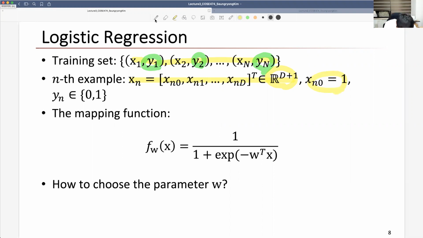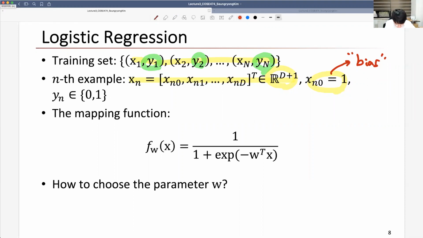Actually, this term is related to the bias, which will be a really important concept in the neural network or deep learning. But in this case, let's say this is just a bias term.